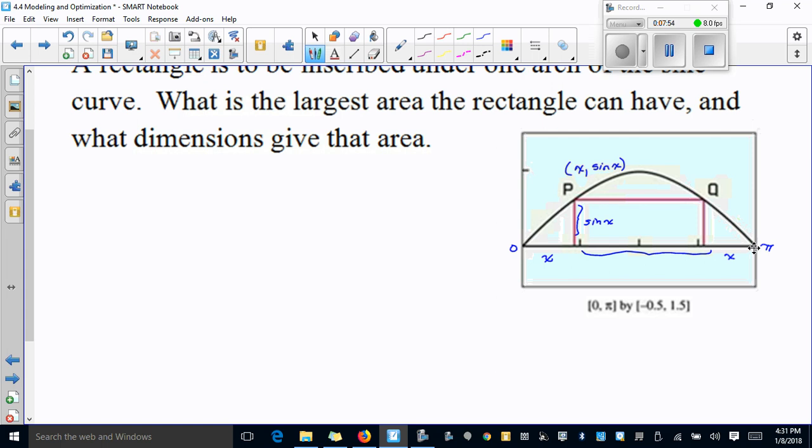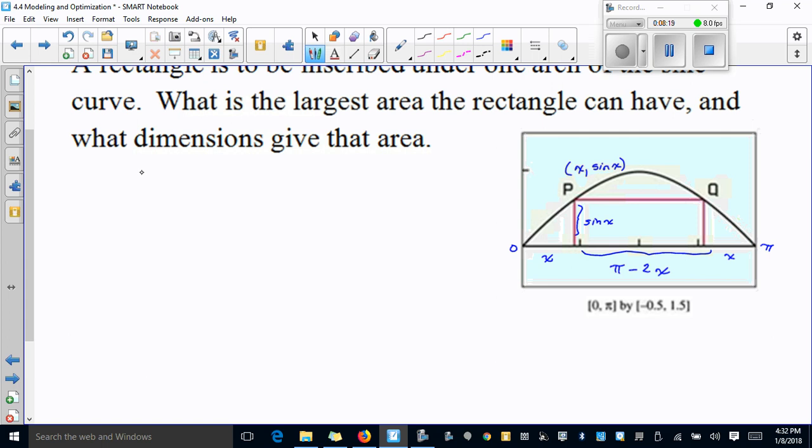These two values have to be the same. And we know the whole length here is pi, so the length of my rectangle is pi minus 2x. So we now have a y value and an x value. And they're asking us to find the largest area for this rectangle.